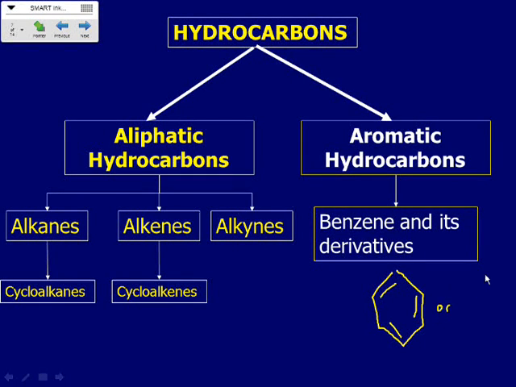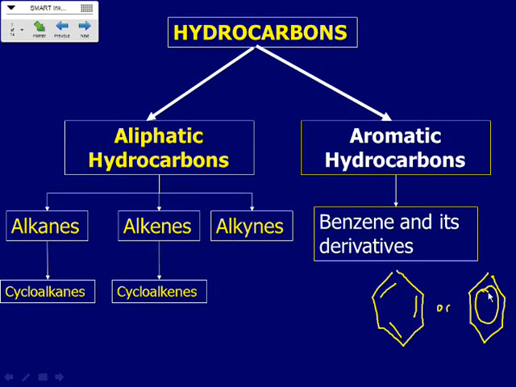And the other way in which we wrote it was, again, that hexagon, and instead of drawing it as a resonance structure, we put a circle on the inside to represent the fact that that pi bond is spread all over those carbons. It's like the smallest little piece of graphite that you could imagine.